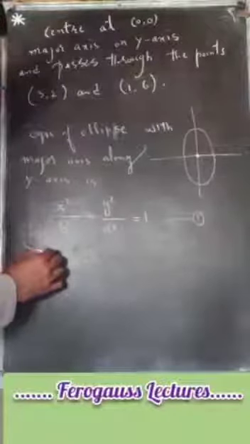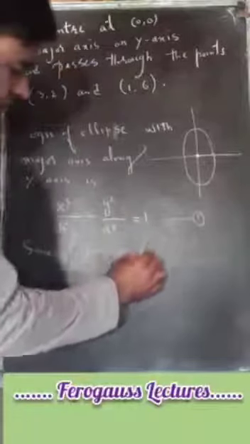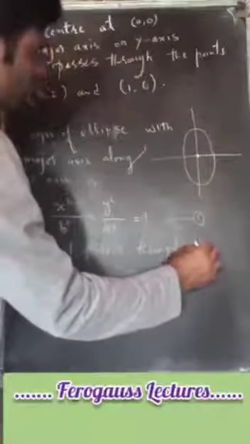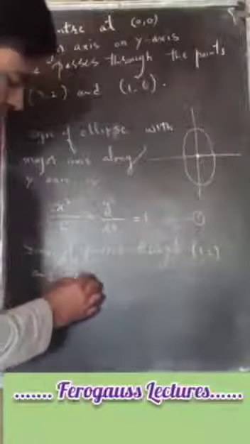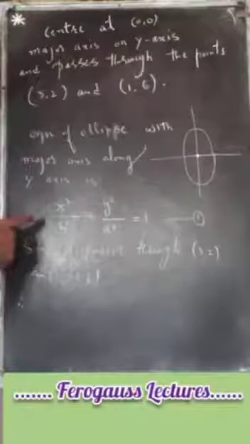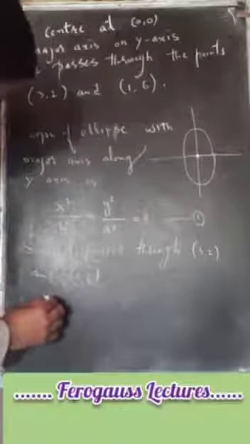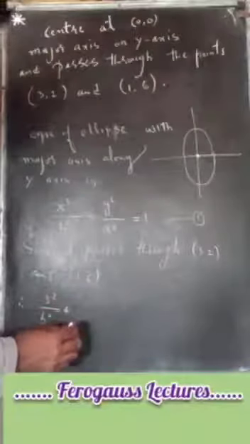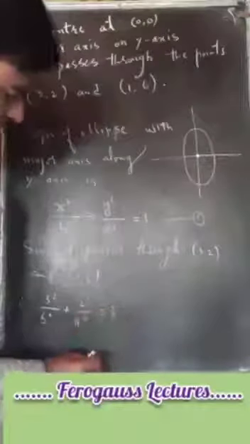Since it passes through points (3, 2) and (1, 6), instead of x we write 3, which gives 3 square divided by b square plus 2 square divided by a square equal to 1.